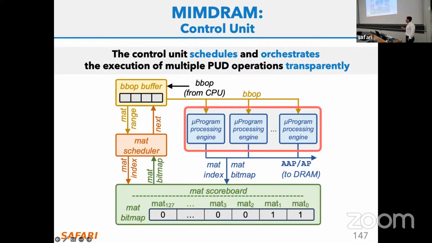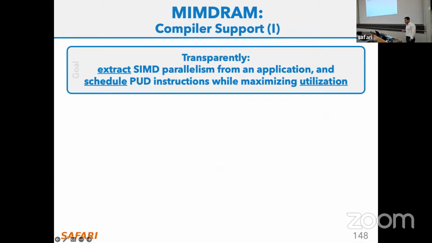And we replicate those control units from SIMDRAM so that they can operate independently across data-independent processing-using-DRAM operations across the different DRAM mats in the DRAM subarray. So this is the hardware design of MIMDRAM.